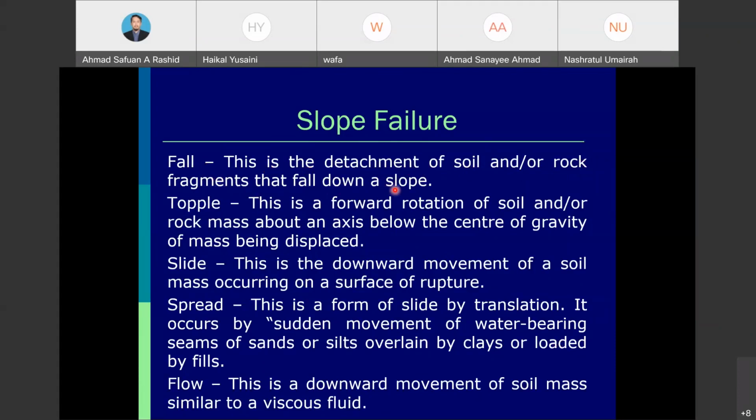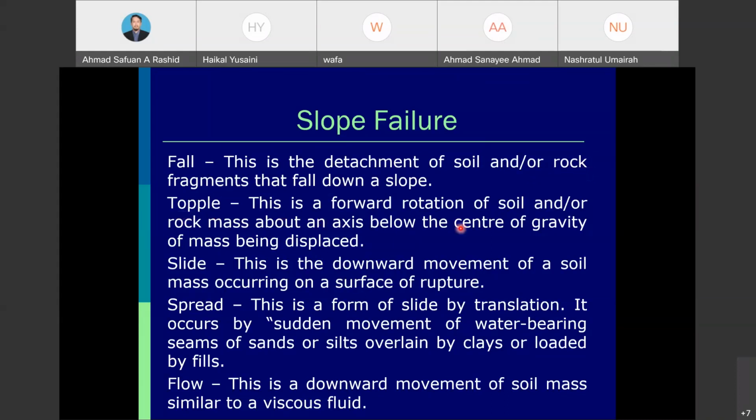Normally a lot of events happen with rock fragments, and there are some analyses that can be carried out to determine the rockfall, due to the mass and the volume of the rock.